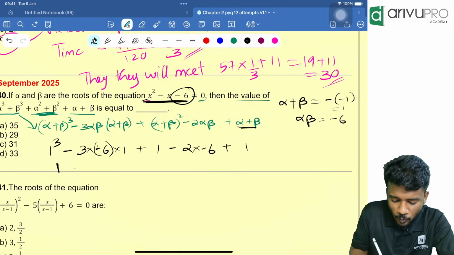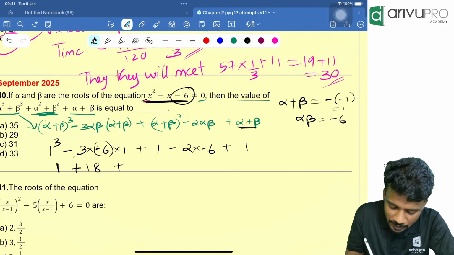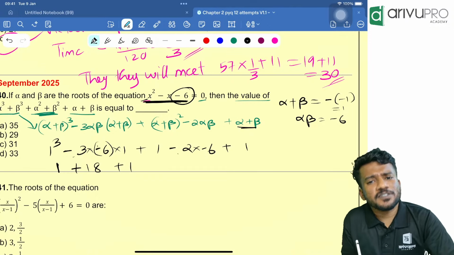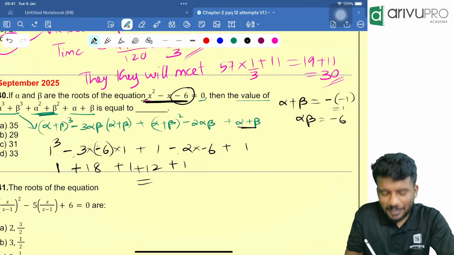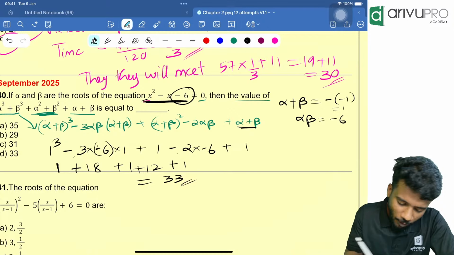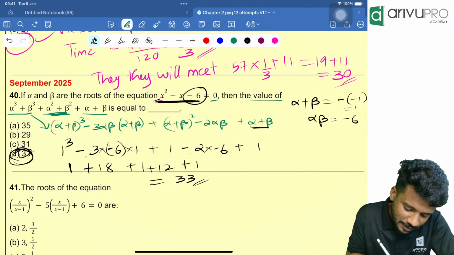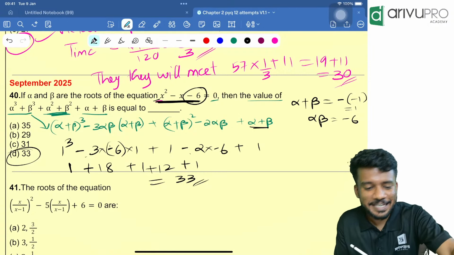So 1 cube is 1. Minus 3 into minus 6 is plus 18, plus 1. Minus 2 into minus 6 is plus 12, plus 1. People, 1 plus 18 plus 12 plus 1 is how much? 33. Option D is your answer. Understood? Got it?